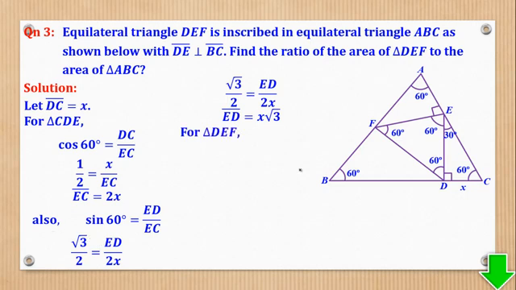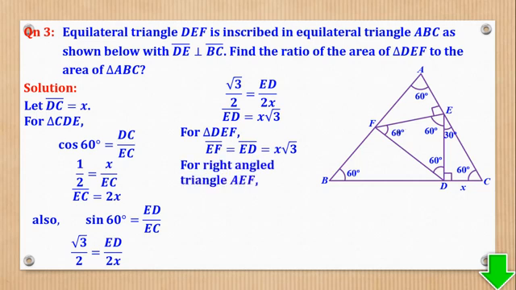Then for triangle DEF, the good thing now, I have DE, because if I have this, it means it is the same as this and same as that. So they're all equal to x root 3.